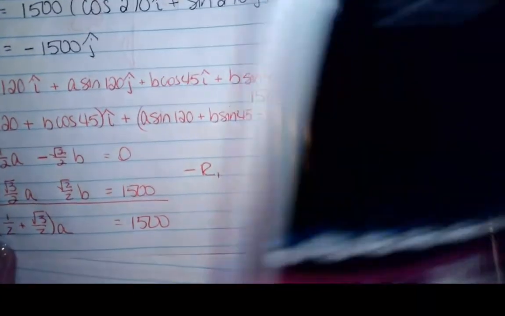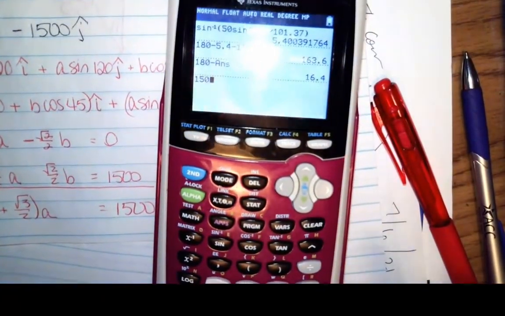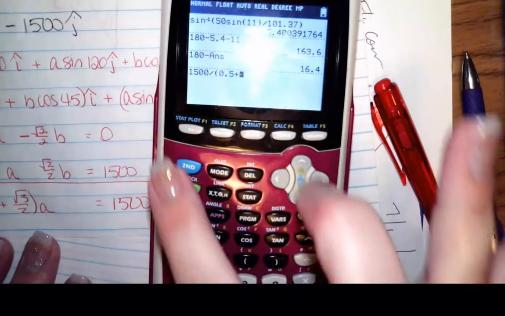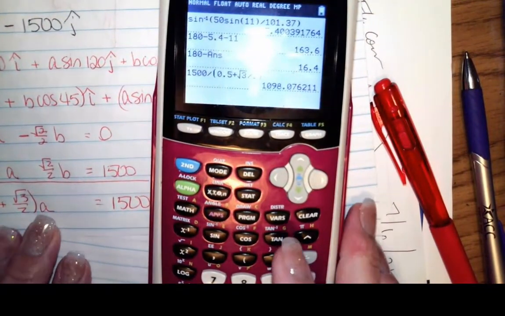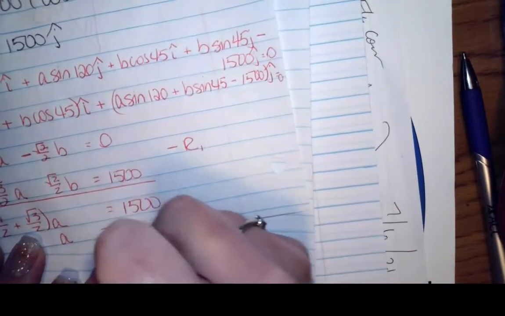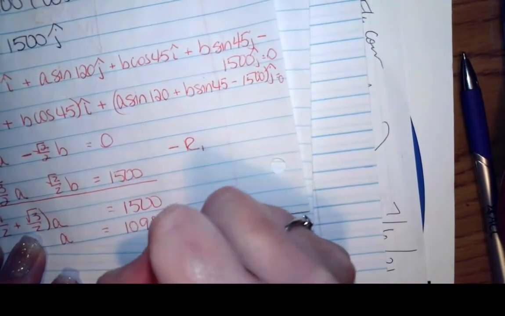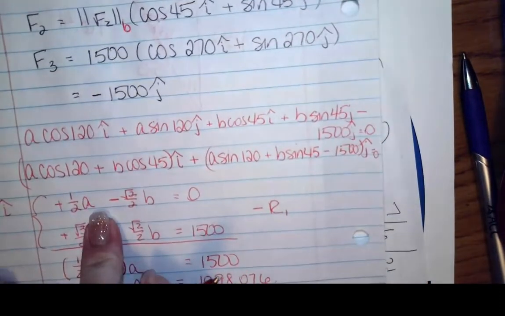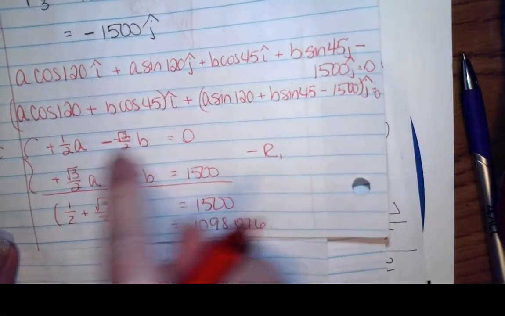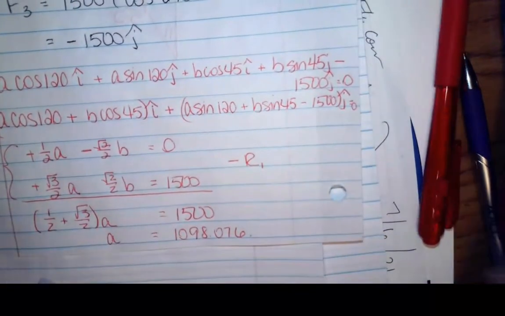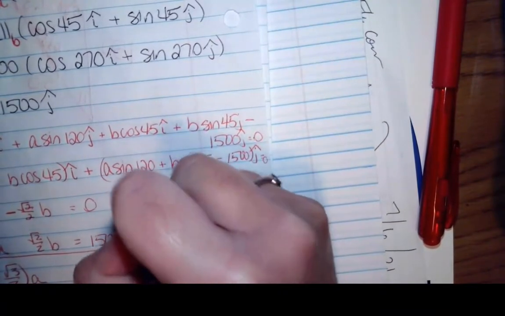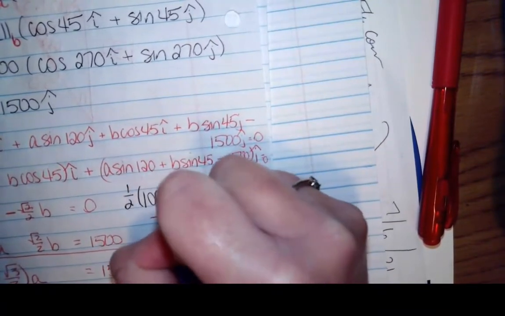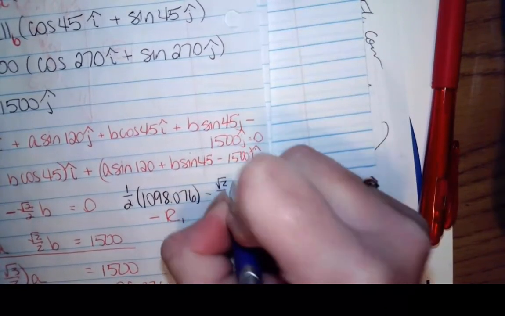Okay, so 1500 divided by 0.5 plus √3 over 2 is, and I get A is 1098.076. Okay, so that's what A is. So now I can go back in here and I can substitute and find out what B is. So I'm going to take half of A, so half of 1098.076 minus √2 over 2B will be 0.